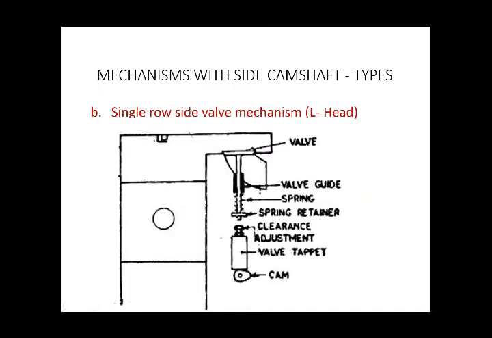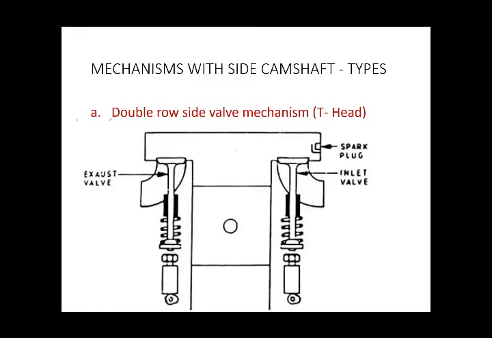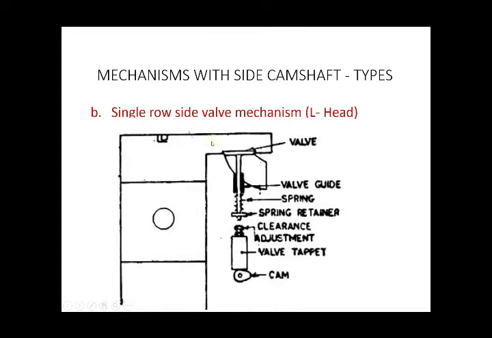The second type of side camshaft system is single row side valve system. So we have the double row side valve, in which there are two separate mechanisms for inlet and exhaust, and here we have the single row side valve mechanism, in which there is only one mechanism for opening and closing the valve.